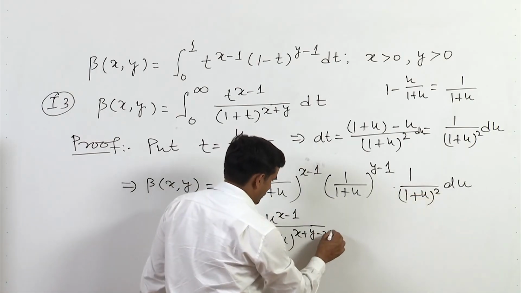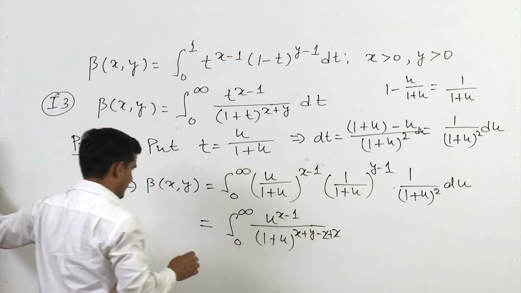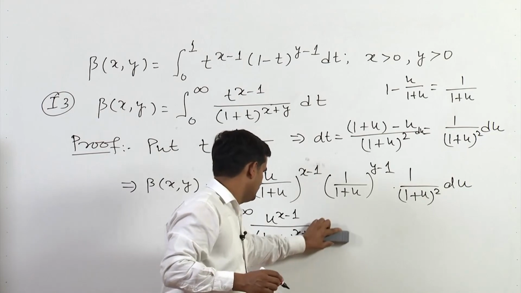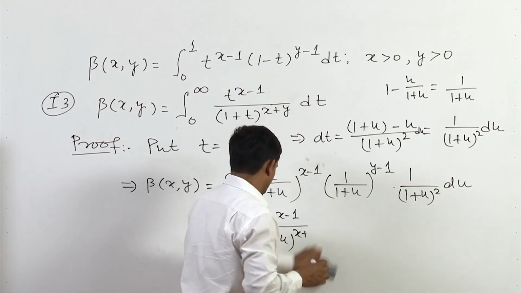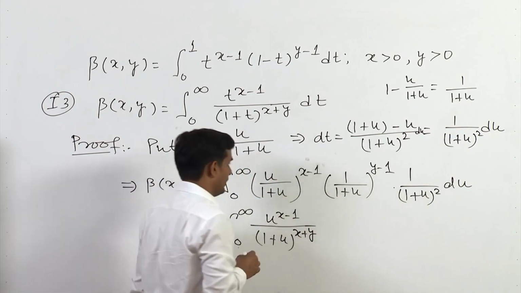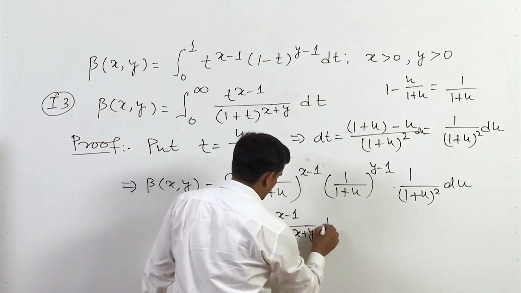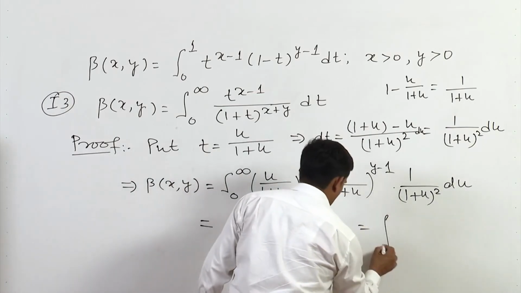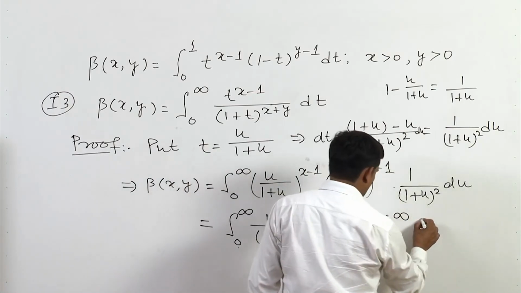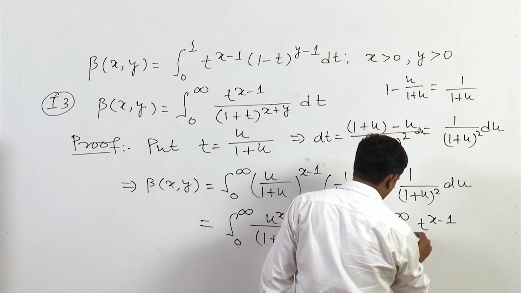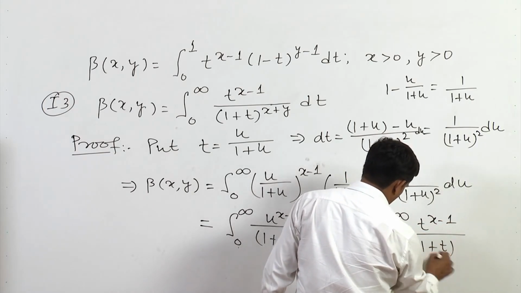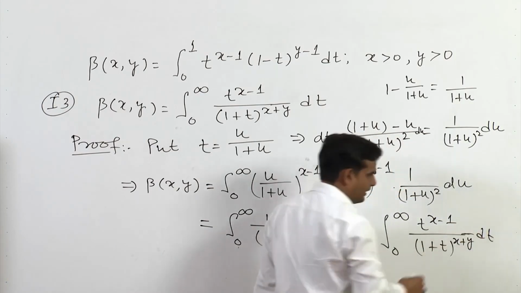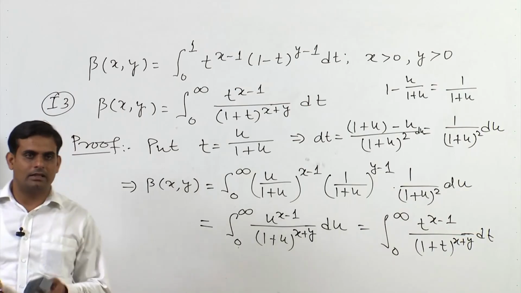So, this will be cancelled. So, 1 plus u raised to power x plus y and then finally du. And if I put this u as t again, integral 0 to infinity t raised to power x minus 1 upon 1 plus t raised to power x plus y dt. This is the required form in this identity.